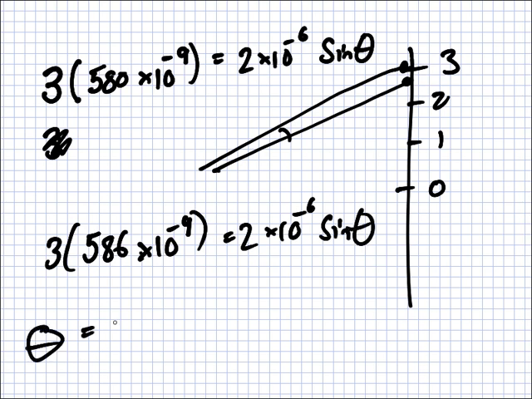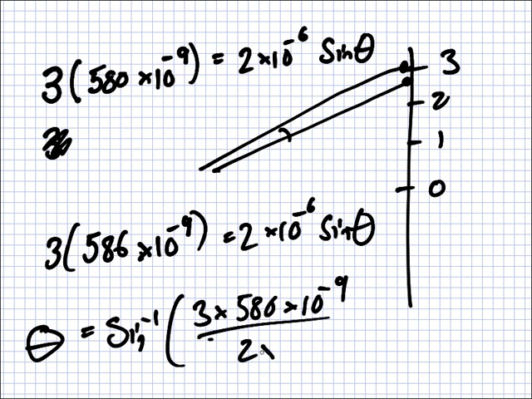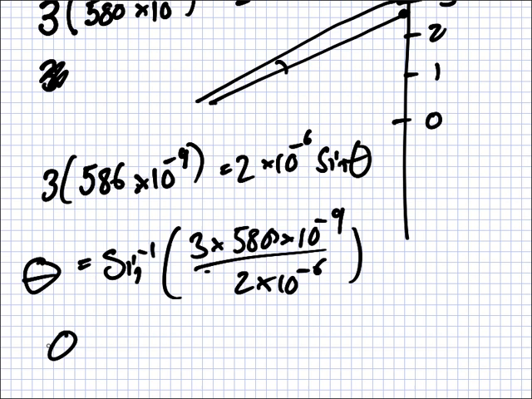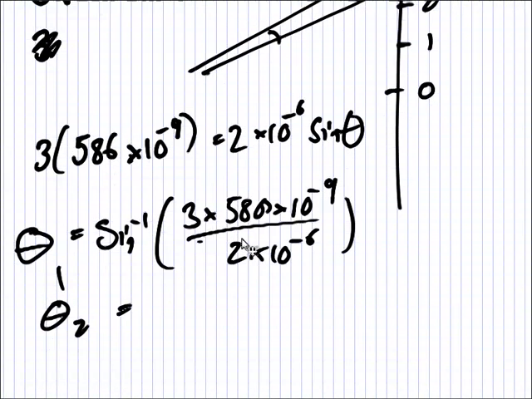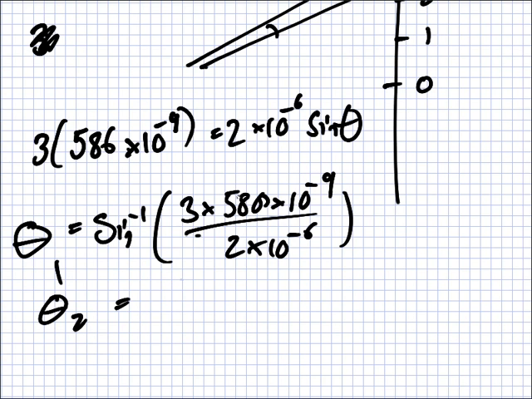The first one would be sine inverse of 3 times 580 times 10 to the minus 9 over 2 times 10 to the minus 6. For the other one, the only difference is you change the 580 into 586. Everything else is the same. So I'll just put dot dot dot 586 dot dot dot.